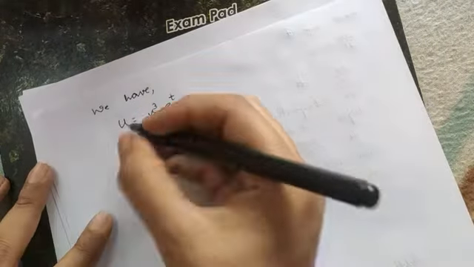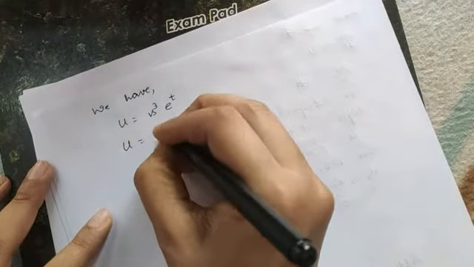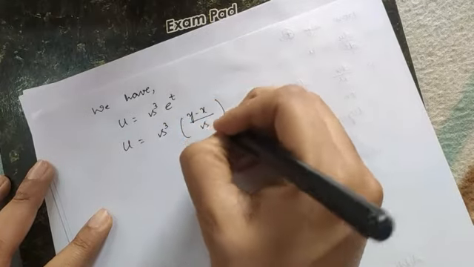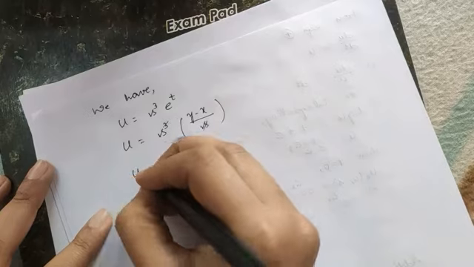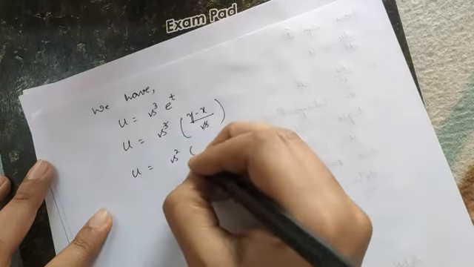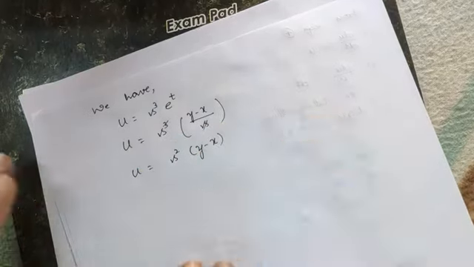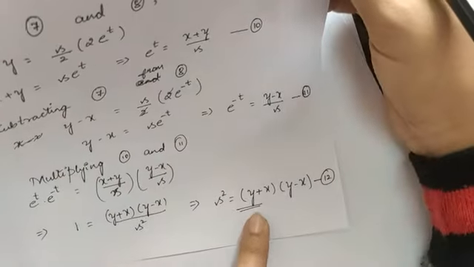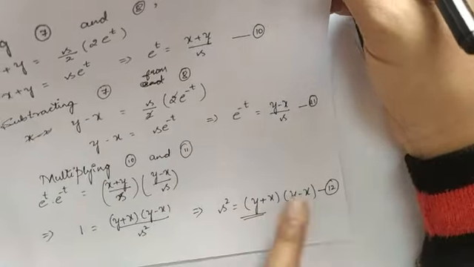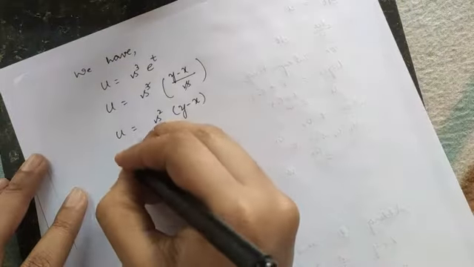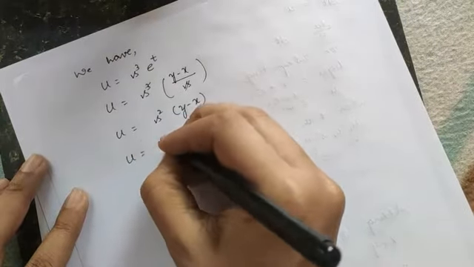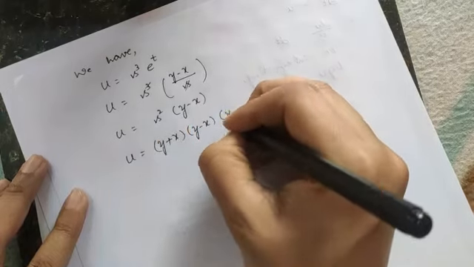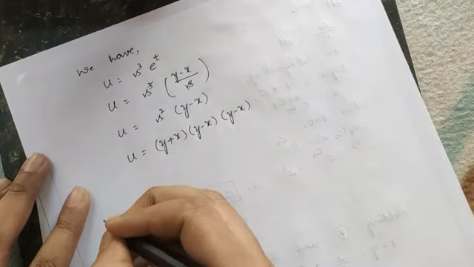Substitute here, you will get u is equal to s cube into y minus x by s, s gets cancelled, you will get u is equal to s square into y minus x. Now I have value for s square, that is y plus x into y minus x. Substitute this here, you will get u is equal to y plus x into y minus x into y minus x.